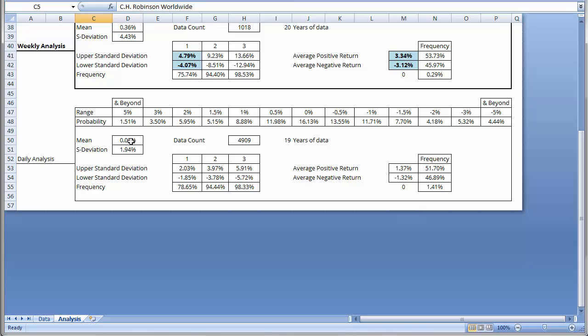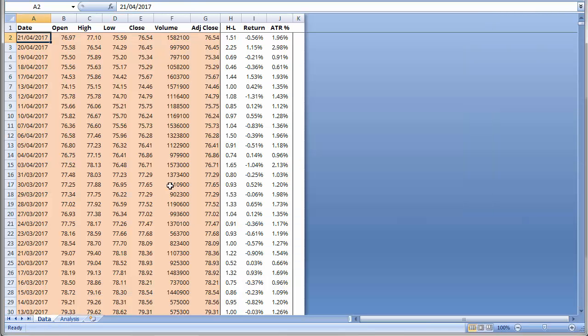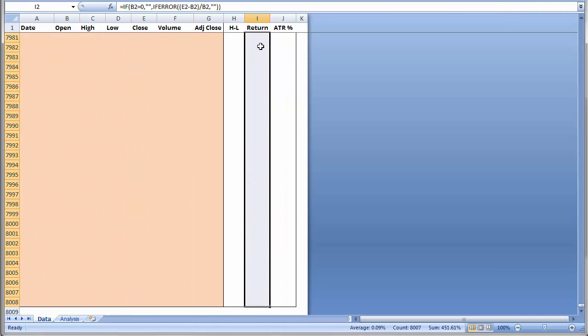And the first thing we're going to look at is the mean, okay? So this is quite simply an average of the daily return across the last 20 years just about. So we're looking at just shy of 5,000 data points, and it's just a simple average of the return, and the return is calculated by taking the price when the stock opens versus the price when the stock closes, and that calculation that we've got here in column I is simply averaged across all of our data points.